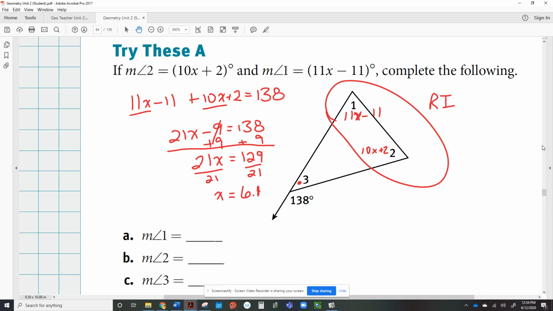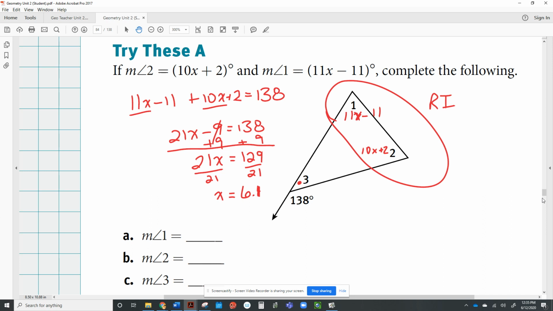But the reason that we get nervous, and I know you do too, because I always have kids ask me, is I think I got the wrong answer. How do you know you got the wrong answer? Because it came out to be a decimal. That doesn't mean necessarily that you did anything wrong. But so often the textbook creates answers that are not decimals that we do get nervous.